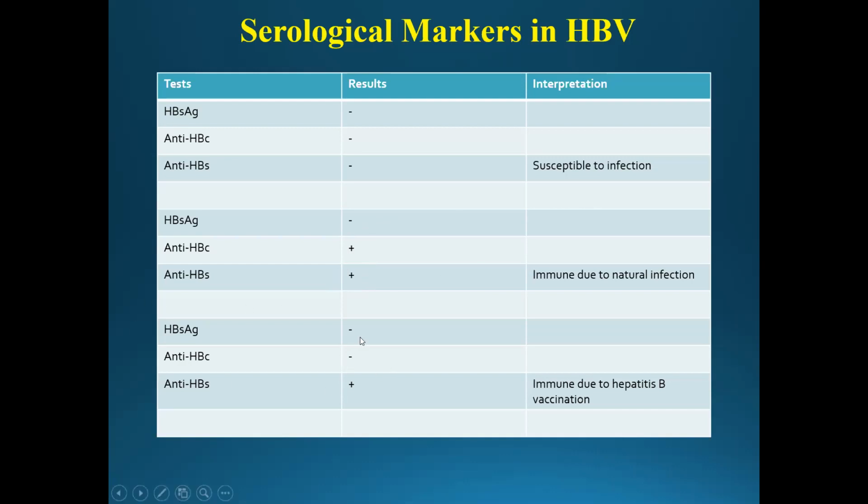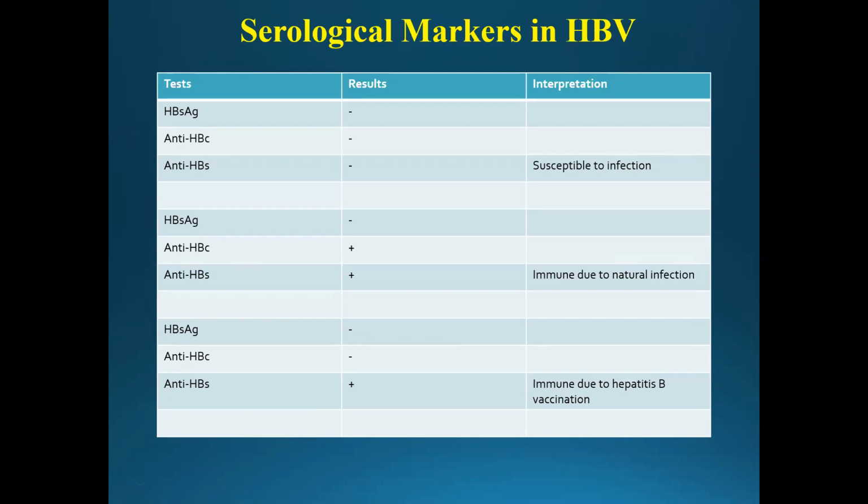Now, the next one is a patient who has surface antigen that is negative, core antibodies that are negative, and surface antibodies that are positive. This is a patient who is immune due to hepatitis B vaccination. The reason for this is that with hepatitis B vaccination, you give the recombinant protein coat or capsule of the virus.